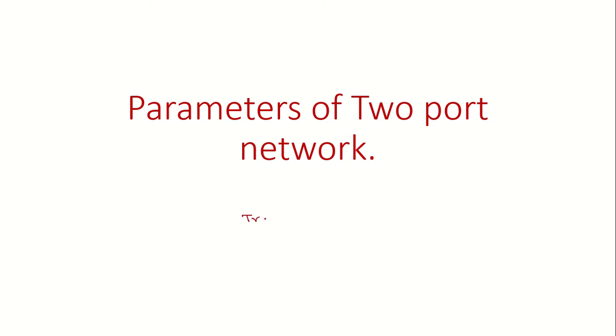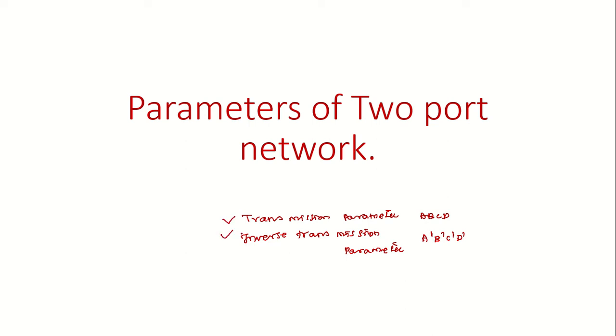The transmission parameters are used to find four parameters called A, B, C and D. The next set is called the inverse transmission parameters, which are A dash, B dash, C dash and D dash. These are the two sets of parameters that we are going to discuss in this session.